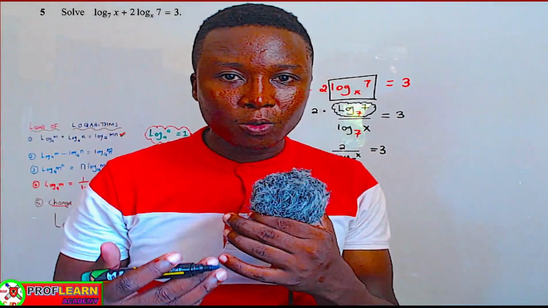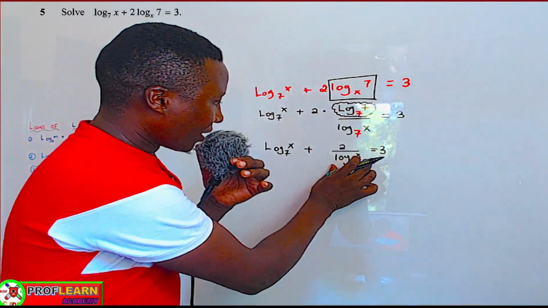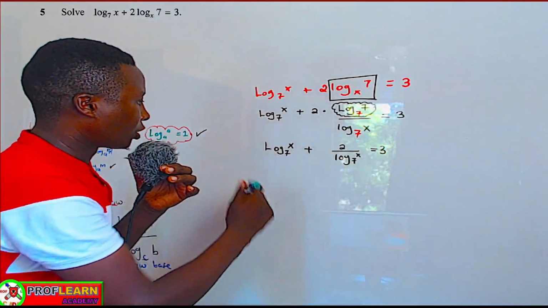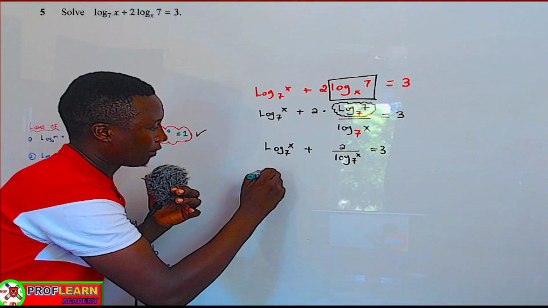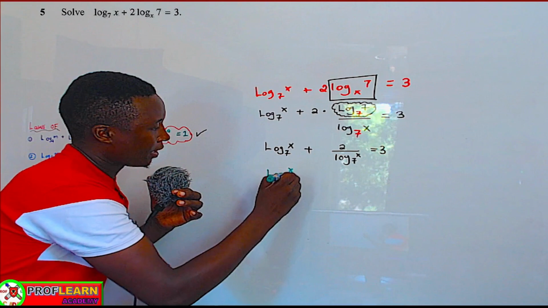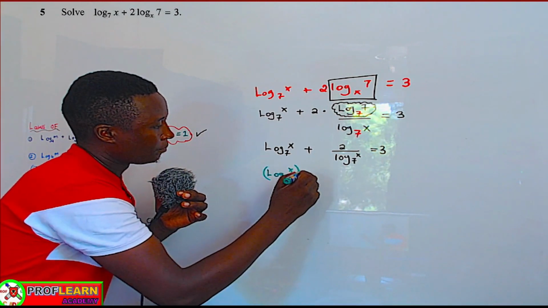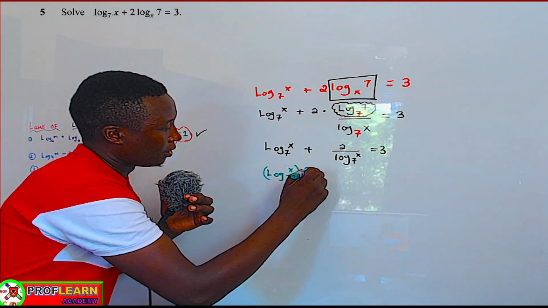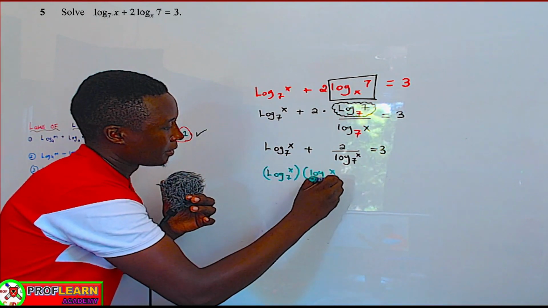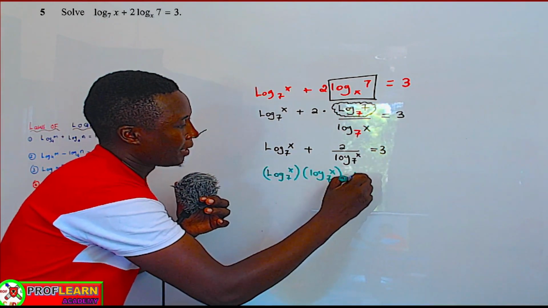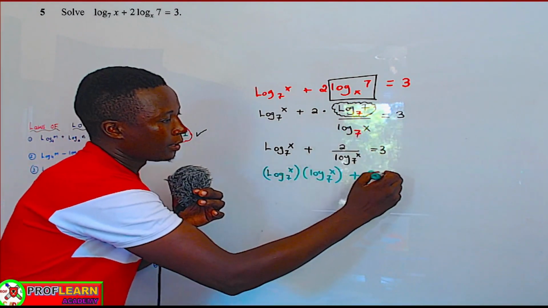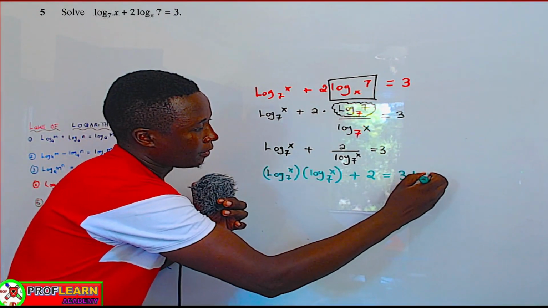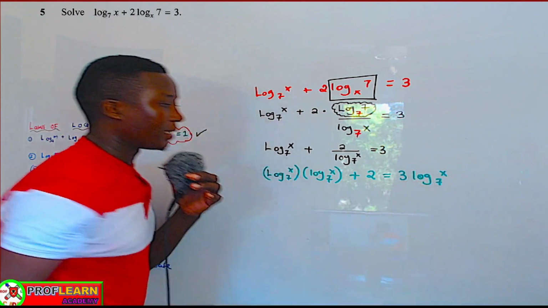We are going to multiply the log that we have at this point all through, so that we get rid of the fraction. So we are going to have log x base 7 squared plus 2, because we have already multiplied here, it's going to cancel, then it's going to be 3 log x base 7.